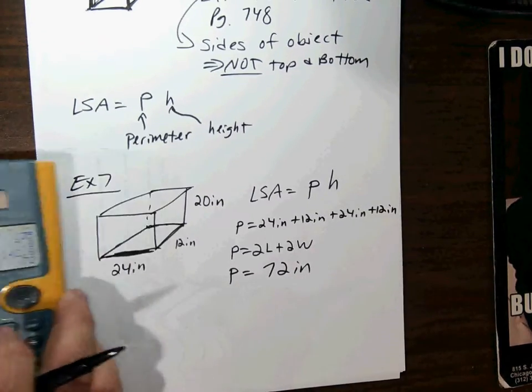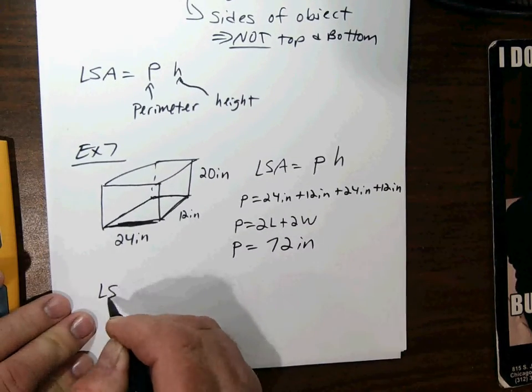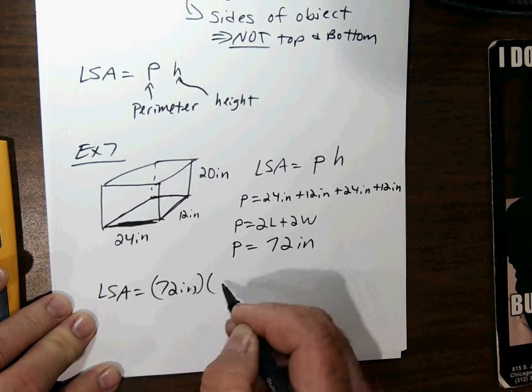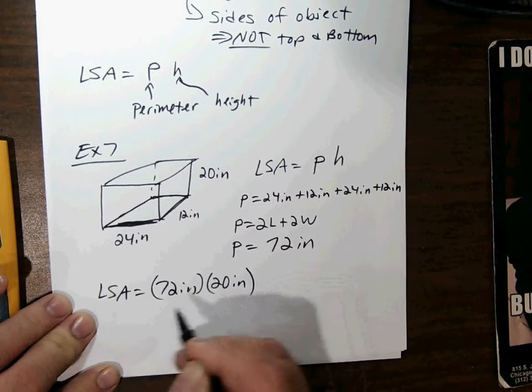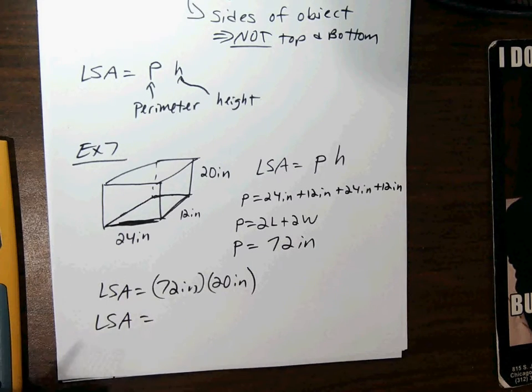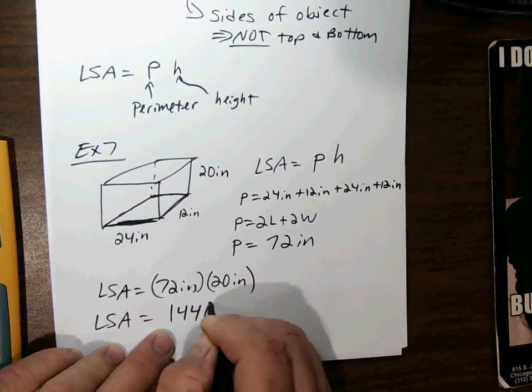That's my perimeter. What's my height? 20 inches. So the lateral surface area is going to be 72 inches times 20 inches. I'm going to take that 72 times 20, and I get 1440. Now what are the units?